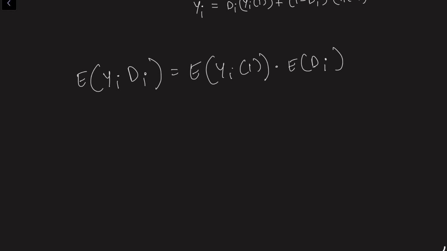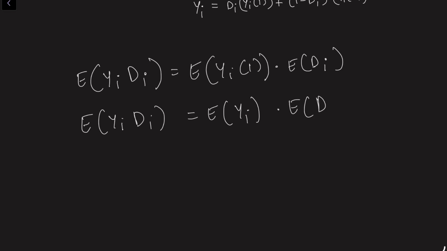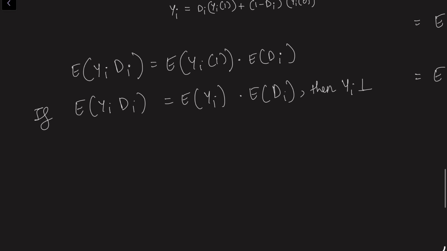Okay, now what did we say? We said that if this expectation of Yi Di is equal to the expectation of Yi times the expectation of Di, then Yi is independent of Di. Yi, again, here it's observed outcomes, it's different from potential outcomes.